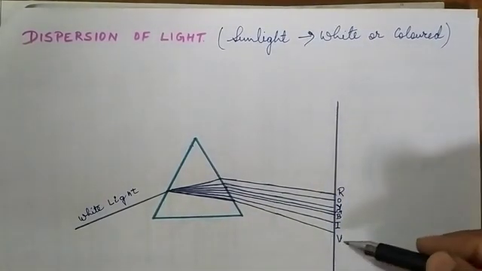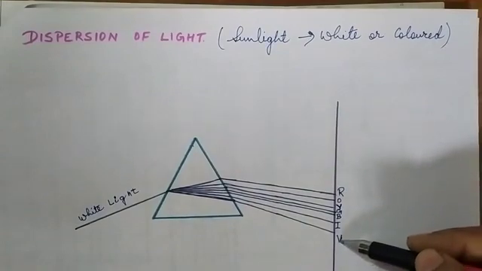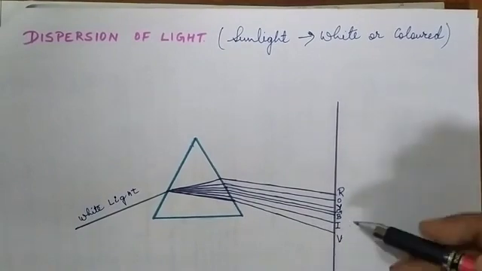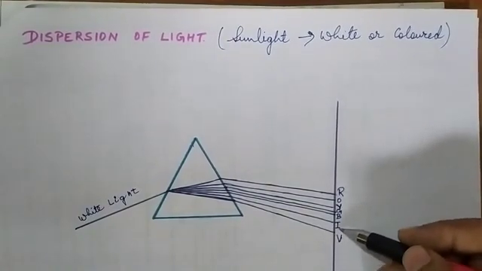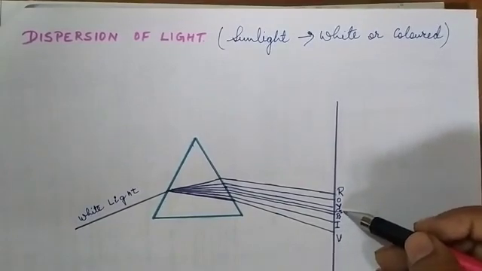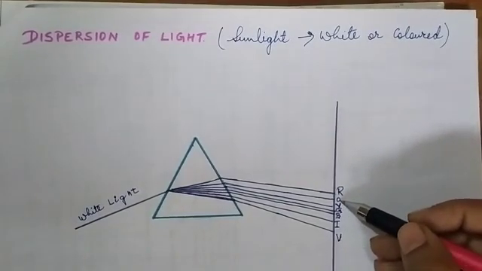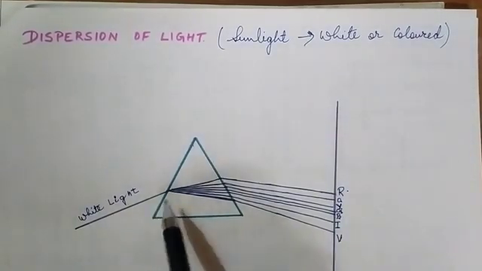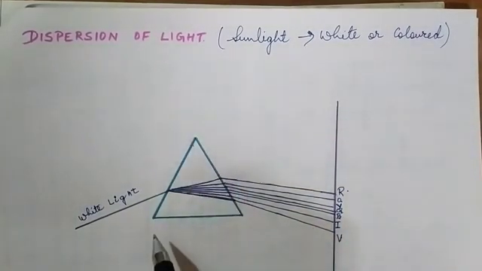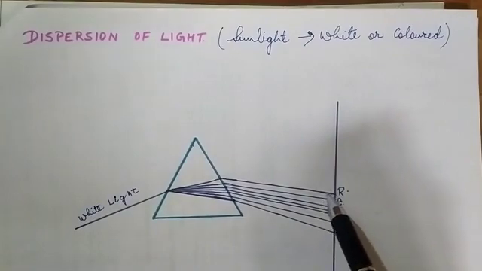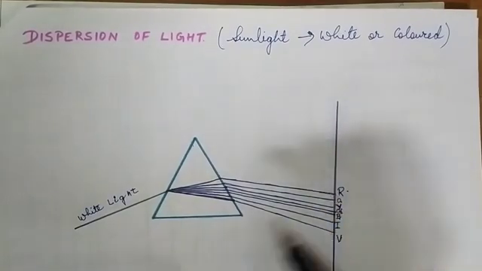The color emerging from the bottom of the prism is violet, followed by indigo, blue, green, yellow, orange, and red. So when sunlight is allowed to pass through a glass prism and it splits up into 7 constituent colors, that means the sunlight is a white light.